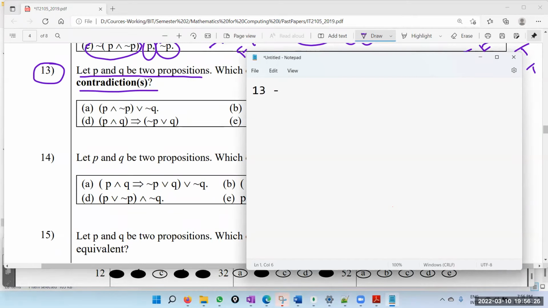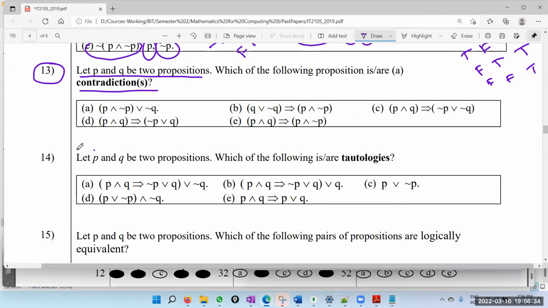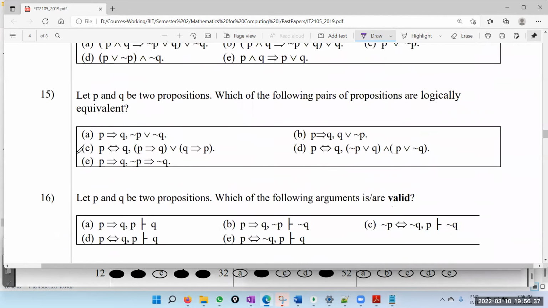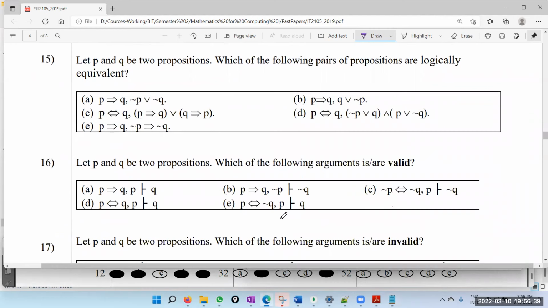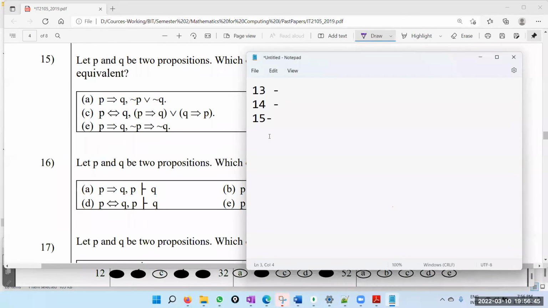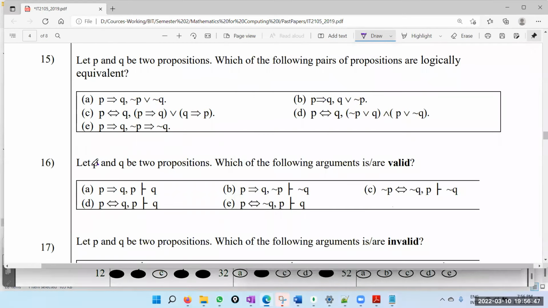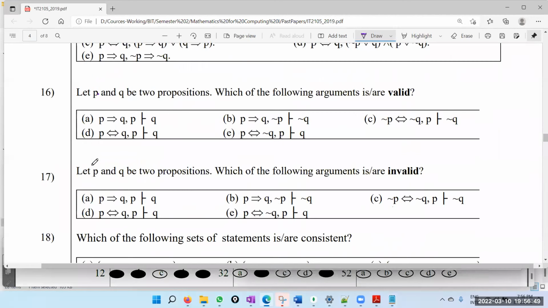Right, so we'll keep 13 and 14. Right, 15th also we are going to keep because we have to draw the truth table. 16 ඒවා එච්චර වෙලා යන්නේ නැහැ. Right. So let's double check.